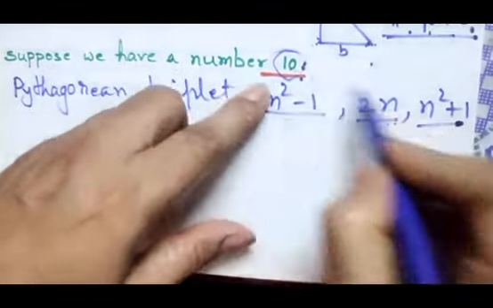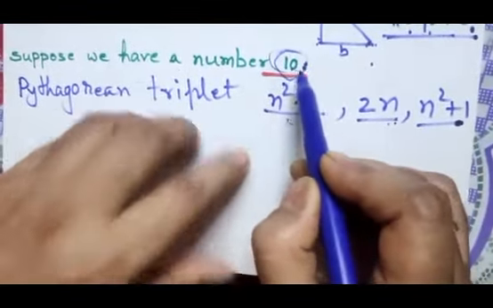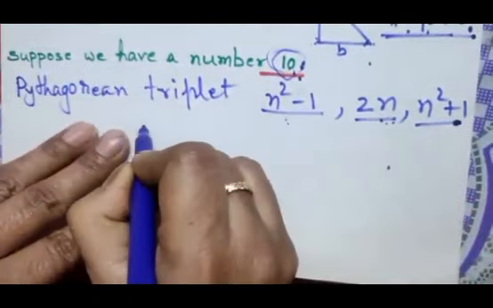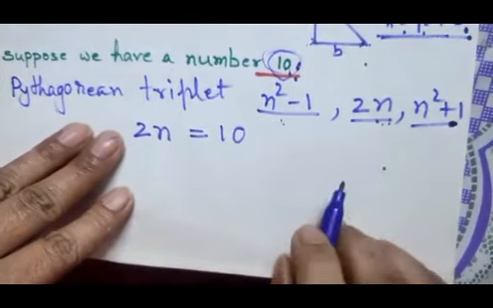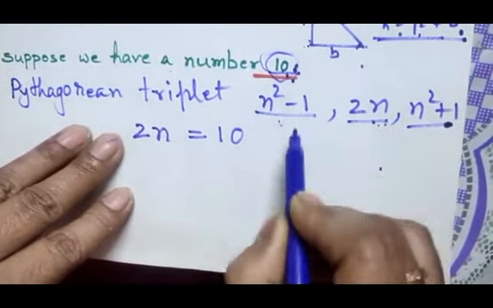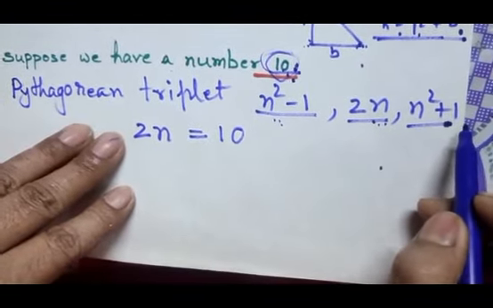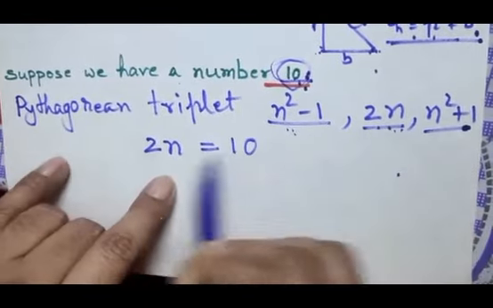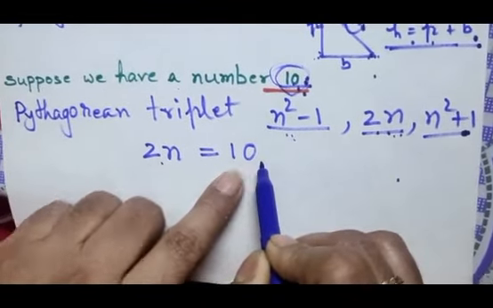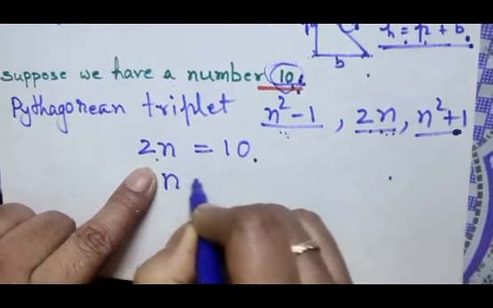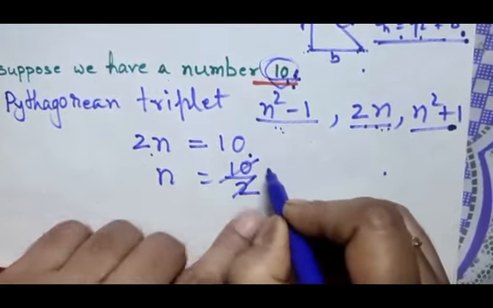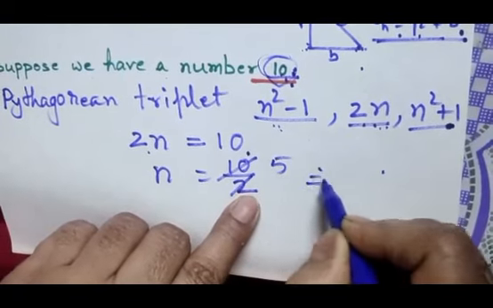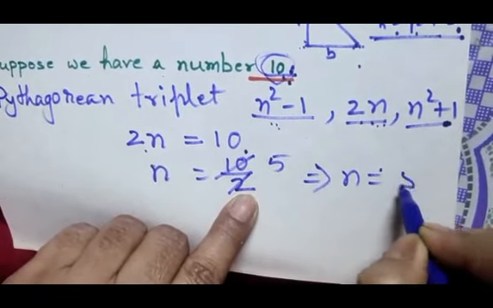You can easily relate 10 with 2n, so you can write 2n equal to 10, because 10 is one of the terms of the Pythagorean triplet. So we can equate 2n equal to 10. By this you can find the value of n, and here we get n equal to 5.